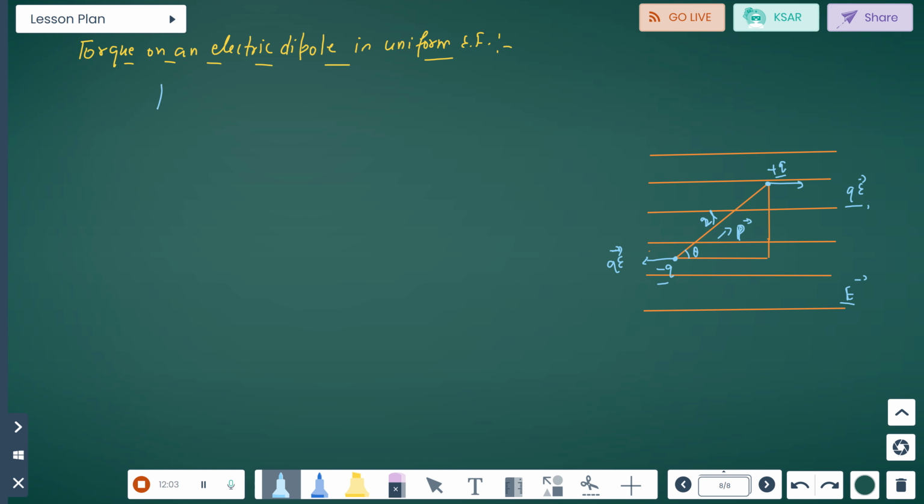Torque basically, what is it? Torque is equal to electric force into perpendicular distance.